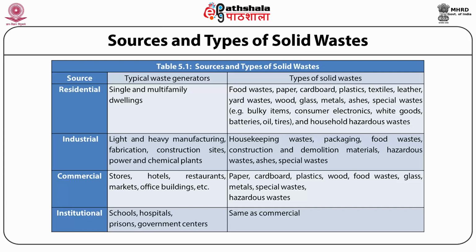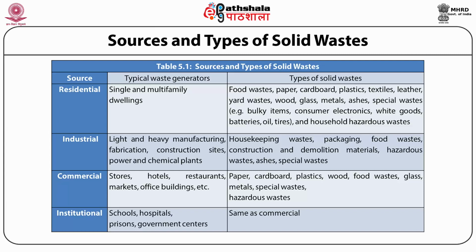Now, the third category is commercial waste, where the types of generators are stores, hotels, restaurants, markets, office buildings, etc. And the types of solid waste are paper, cardboard, plastics, wood, food waste, glass, metals, special waste and hazardous waste.